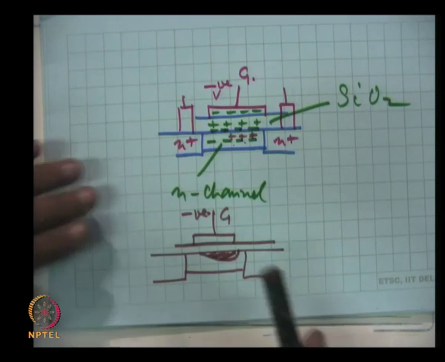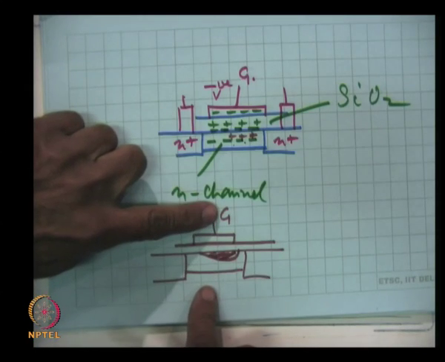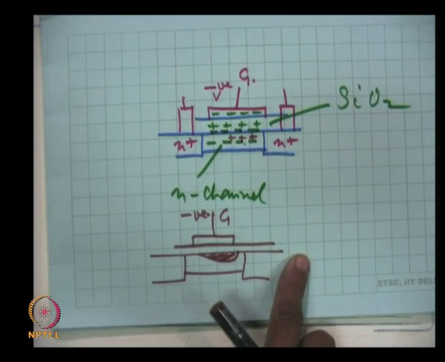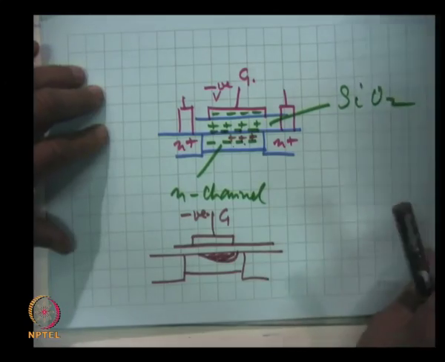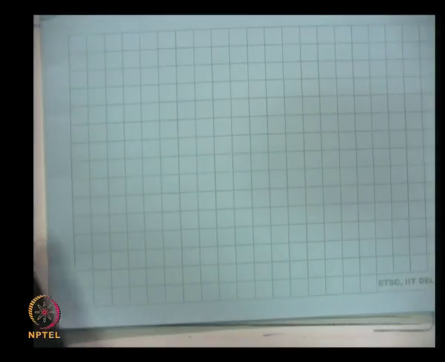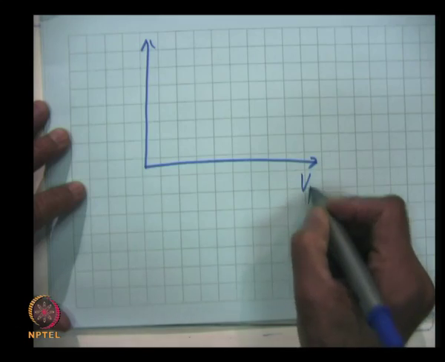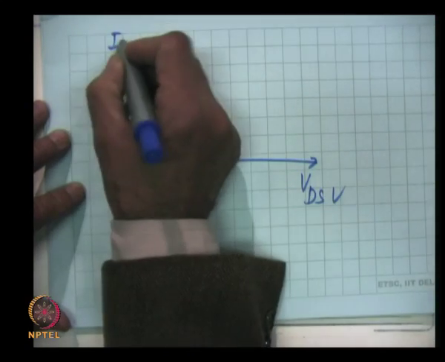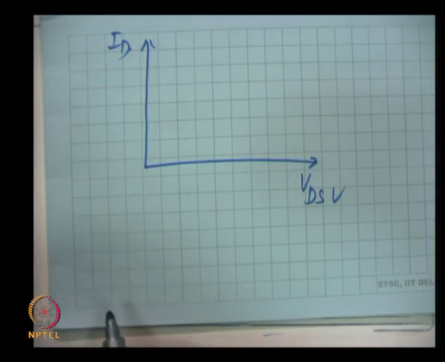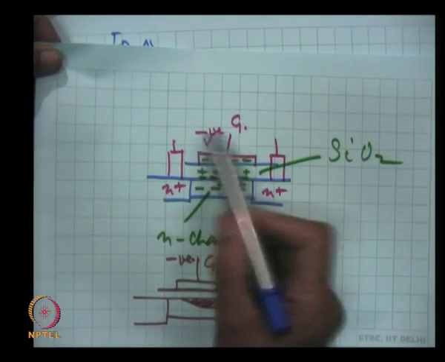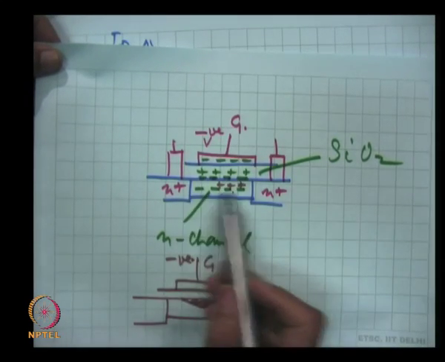If now we keep this constant, there will be a current, these will be the characteristics here. This is VDS volts, this is ID. If the gate source voltage is kept 0, then this is the channel.